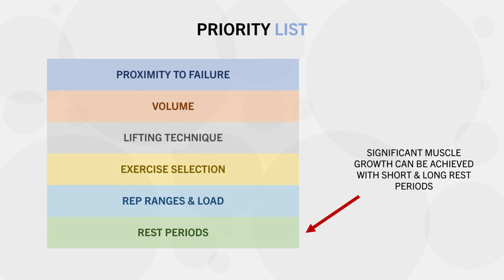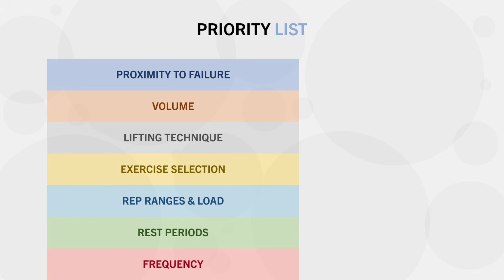And this brings us to the last variable on our priority list, which is frequency. This could arguably be above rest periods depending on how you look at it, but I have placed it as least important on our list. This is because all the research gathered together still hardly finds any difference in hypertrophy outcomes when volume is equated.